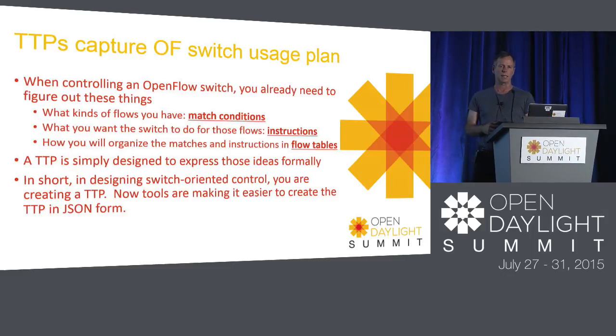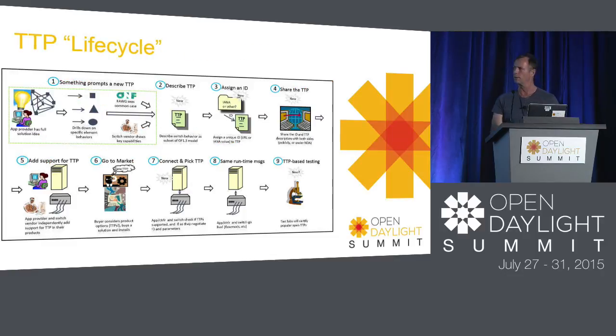So it does require that you write that and capture all these ideas formally in a sort of JSON format. That's what TTPs do, but it's not like you have to go through a whole other design step. You had to go through this design step anyway. So in the process of designing an OpenFlow interface, you're basically creating a TTP. Now we're just asking you to formalize it.